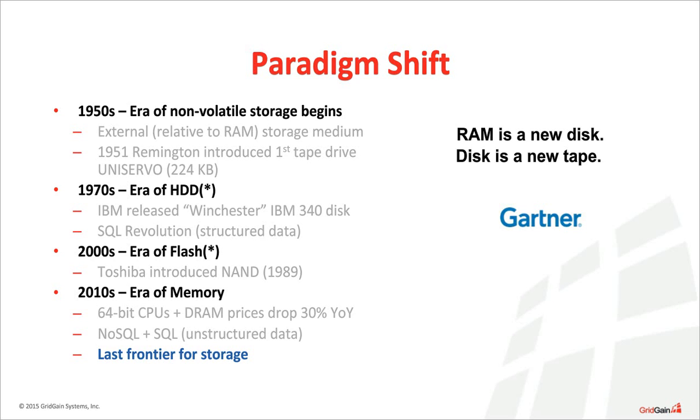What happened at the same time? The SQL revolution, which ushered in the era of structured data, a standard query language for that data, and relatively cheap, affordable external storage. The 90s and early 2000s were the time of flash development. Toshiba introduced flash technology in the late 1980s, but essentially by the beginning of the 2000s, flash was becoming the dominant storage layer.